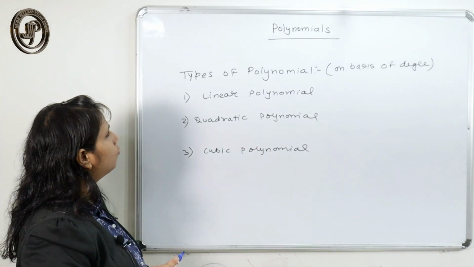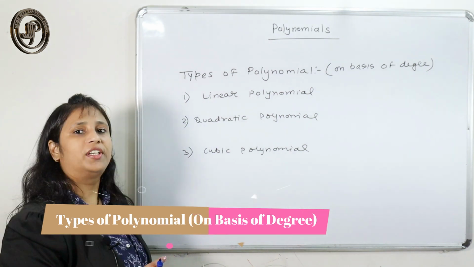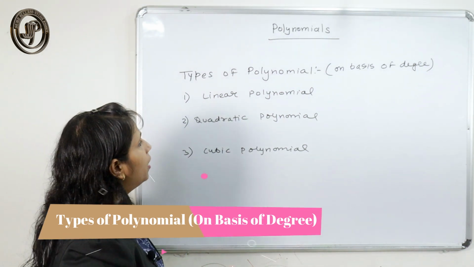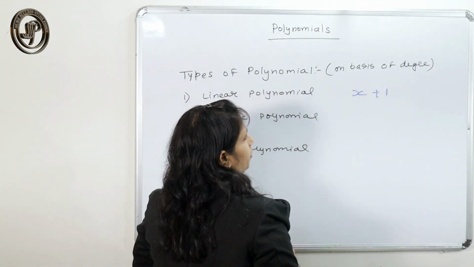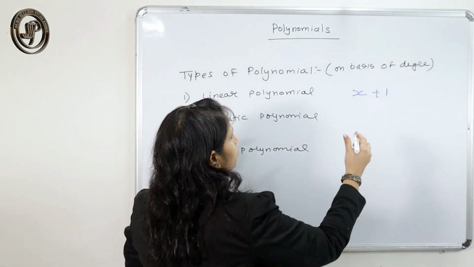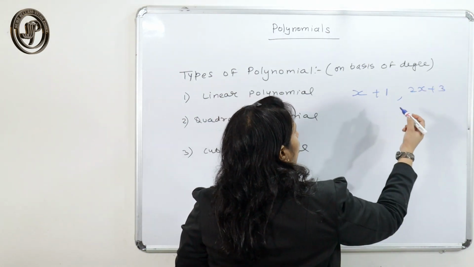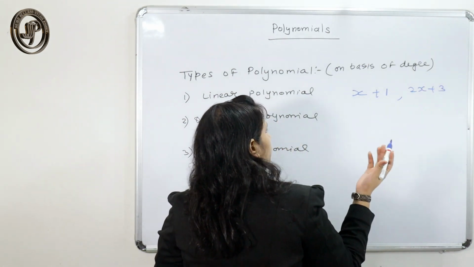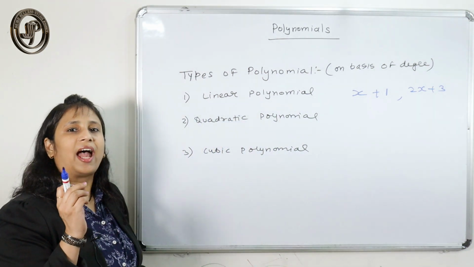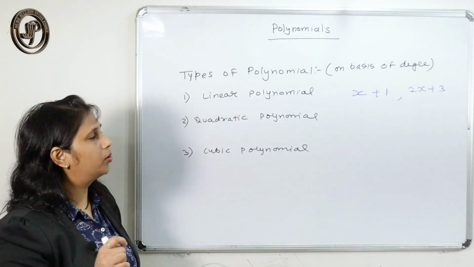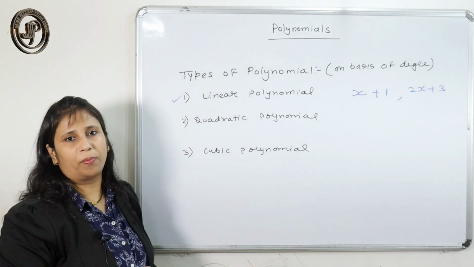So the types of polynomial on the basis of degree. What is a linear polynomial? If the degree of the expression is 1, suppose I write 2x plus 3, or simply I write 2x or x, like that. If the algebraic expression has degree 1, then it is called linear polynomial.